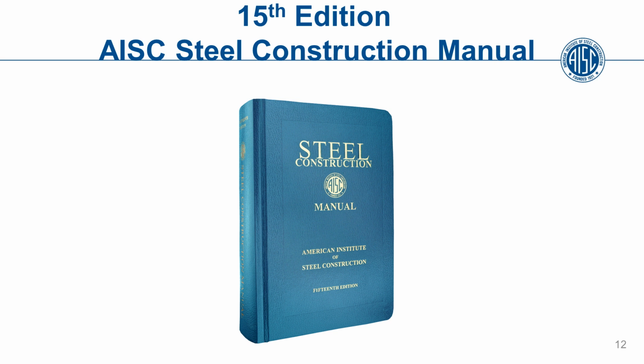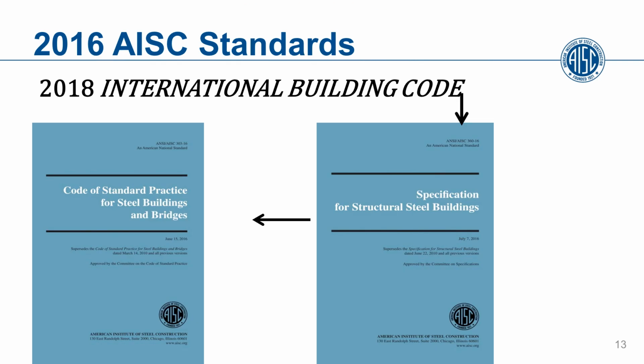When most people think about AISC, they think about the Steel Construction Manual. I want all of you to realize the Steel Construction Manual, although it's a handy book to have and has a lot of good information in it, is not what is referenced in the 2018 International Building Code.